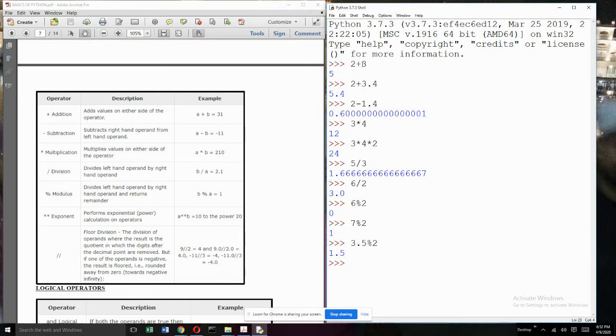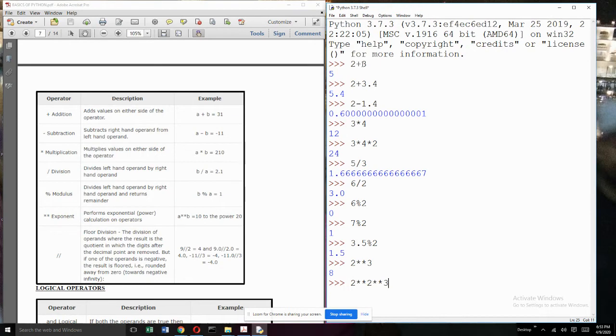The next operator is the raised to the power, or exponent, operator. If I say 2 raised to the power 3, then the answer is 2 2s are 4, 4 2s are 8. Now, the associativity of the raised to the power operator is from right to left. What is the meaning of that?